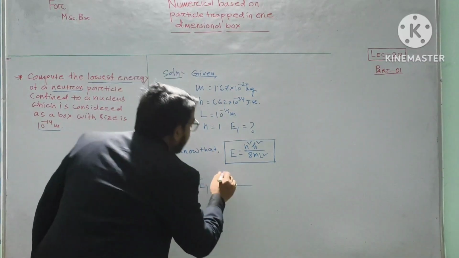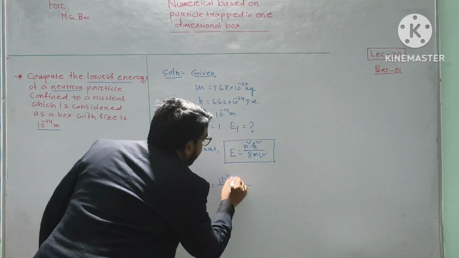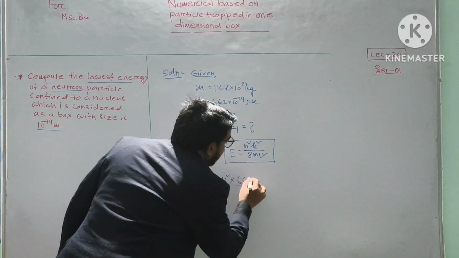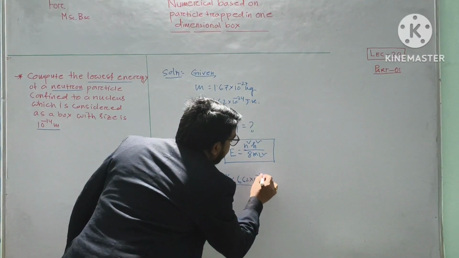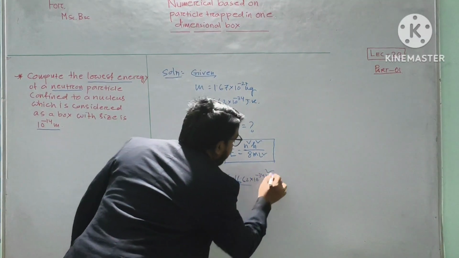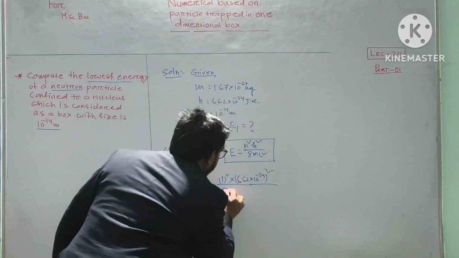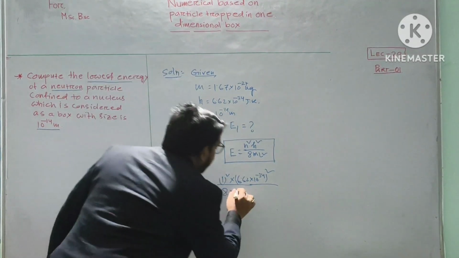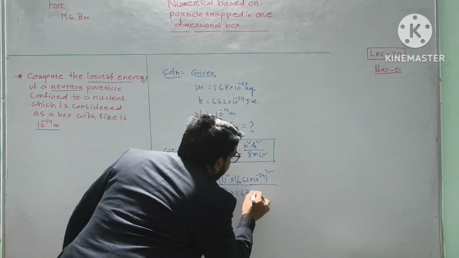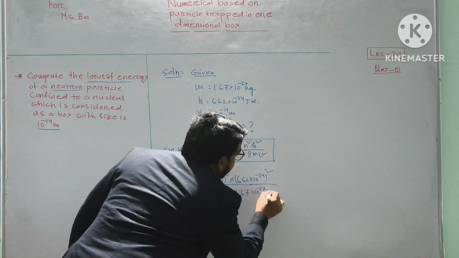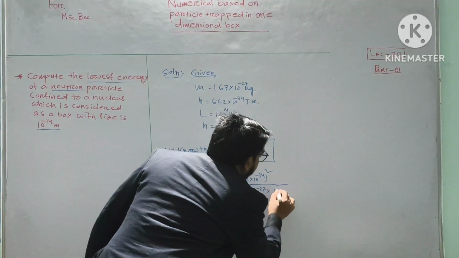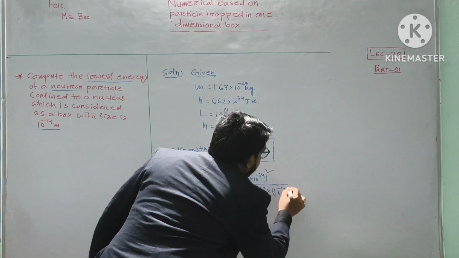So E1 equal the value of n equal 1 square, into h, Planck constant h equals 6.62 into 10 to the power minus 34, whole square, divided by 8 into m, mass of the neutron particle equal 1.67 into 10 to the power minus 27, into L, the value of L equal 10 to the power minus 14, whole square.